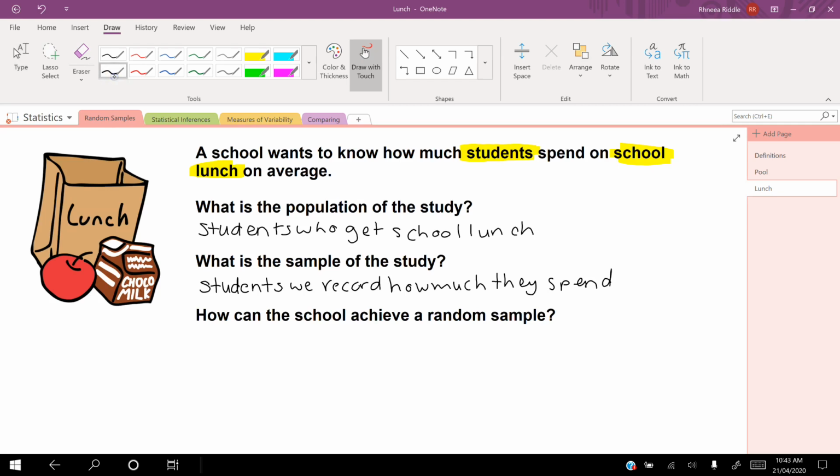One way would be doing a random number generator, where they have a random number generator choose some random numbers and the person in that line, that's who you record. The school could also do like every third person in line.